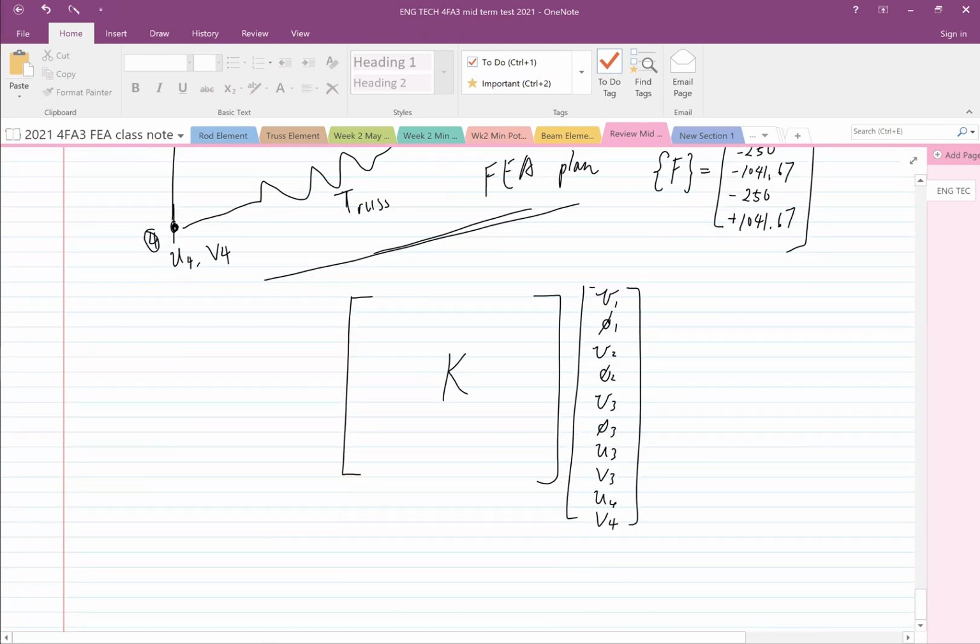Okay, so the second element, oops, see, I made a mistake.